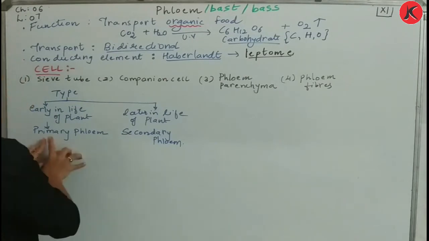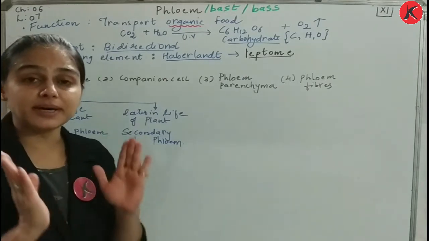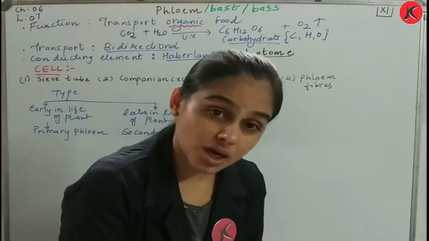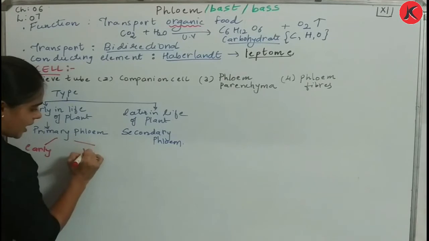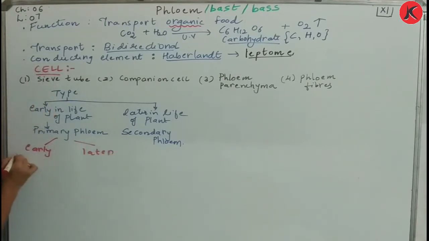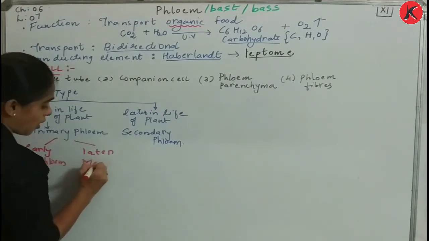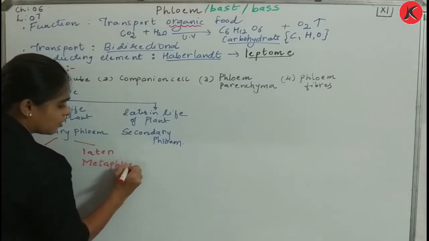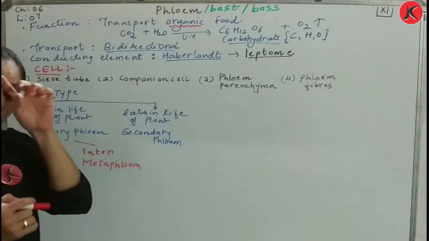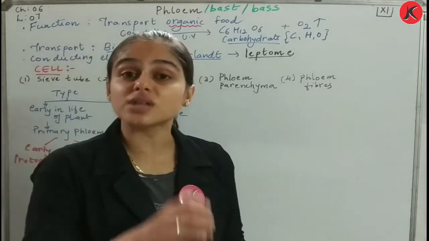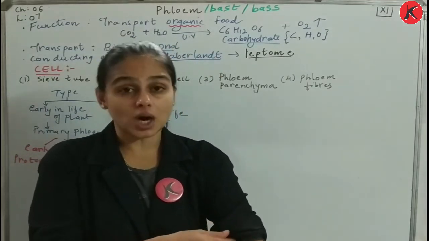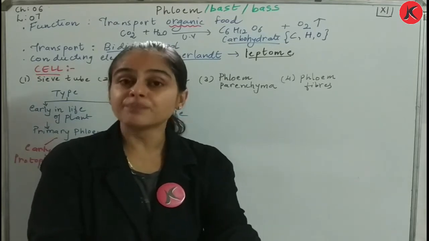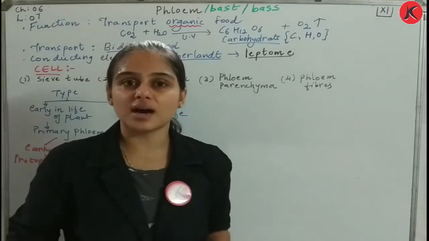Dear students, primary phloem which forms early, primary phloem में जो पहले बने, and one which forms later are called as your protophloem and this is called as your metaphloem. ये आपको अच्छे से पता है. We people have already discussed it. The same in case of your xylem. Primary xylem, secondary xylem, primary xylem which forms early, protoxylem ऐसा बोला था, which forms later are metaxylem.